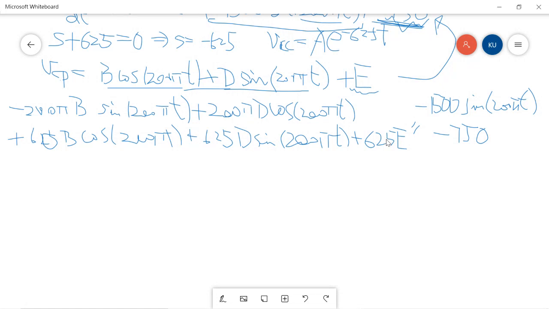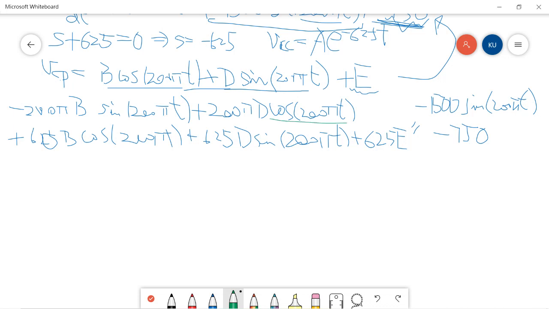So actually the calculation is very simple, and then we just compare both sides. So first of all, this is the cosine, this is the cosine, and on the right hand side there is no cosine, which means that this one added to this one should be 0. So 625 b plus 200 pi d should be 0.